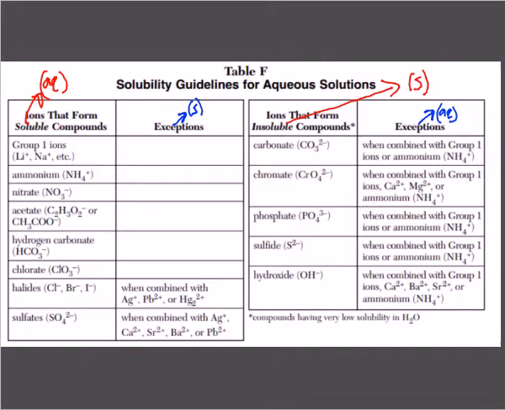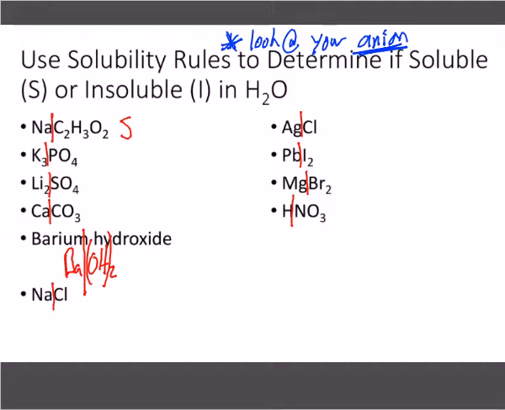This is saying, when you think about it, all phosphates are insoluble except when combined with group 1 ions or ammonium. So you've got to ask yourself, we know phosphate's insoluble, but what is it paired with in this example? Yeah, group 1. So that's going to make this what? Soluble.